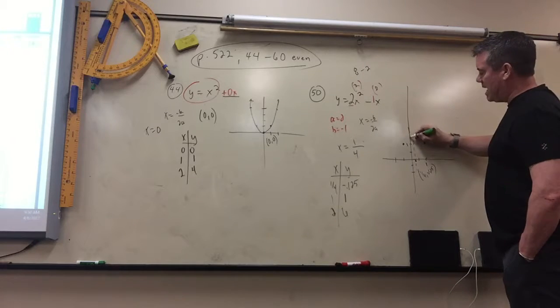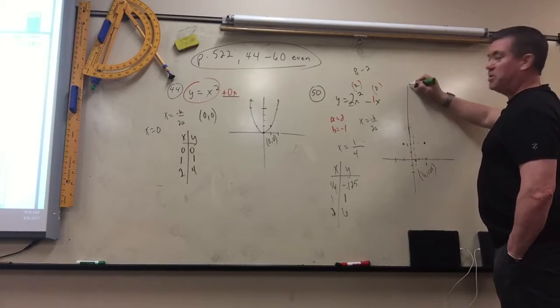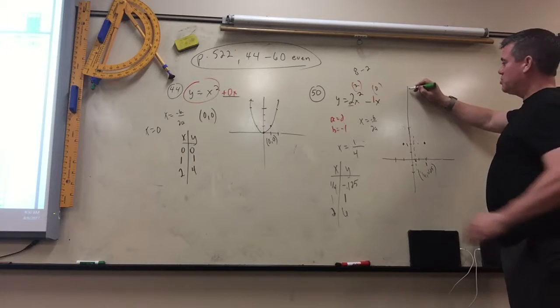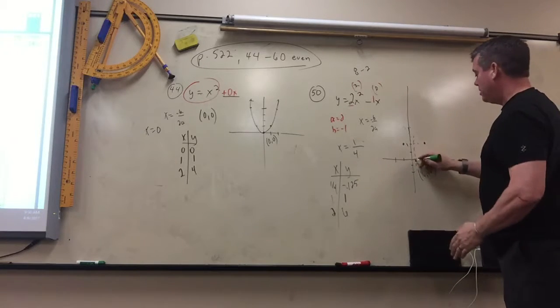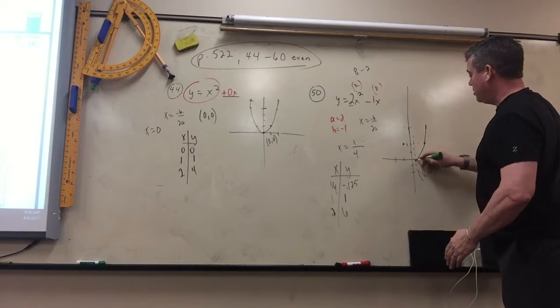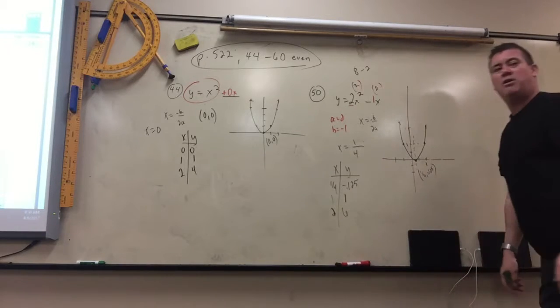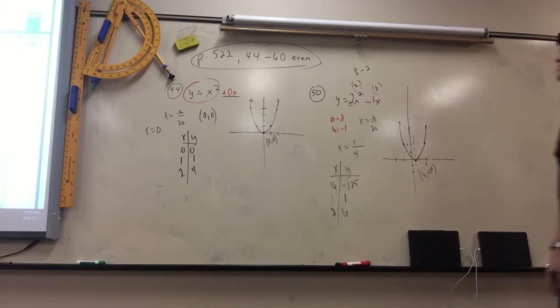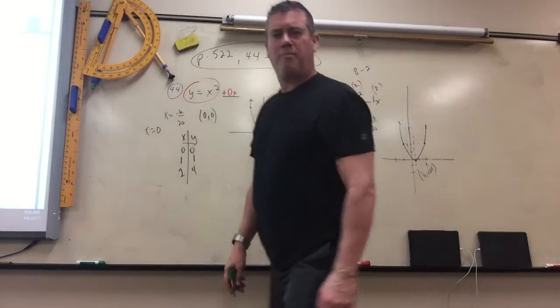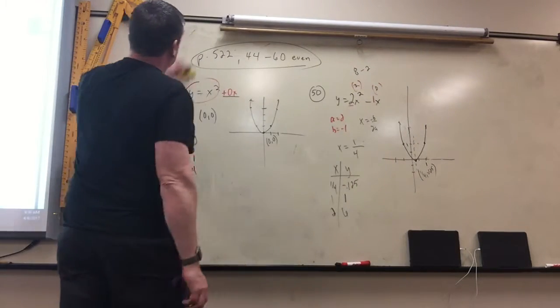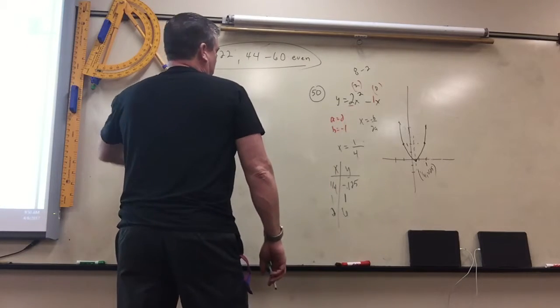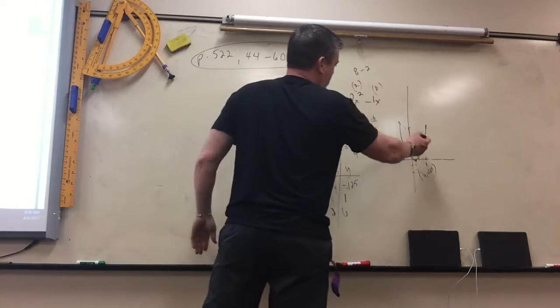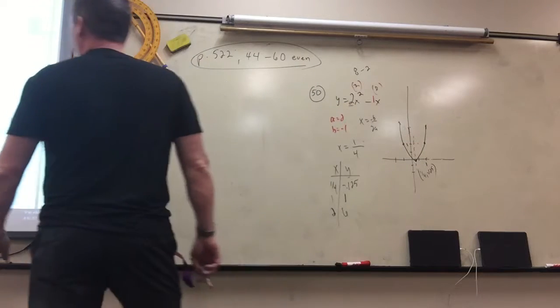Since we went by halves, 6 is going to be way up here, right? So that just tells you, you don't need to make it bigger, that just tells you it's going to go up quick. So that's enough to show how it's going to go. So sometimes you only need 3 points, sometimes you can put 5.